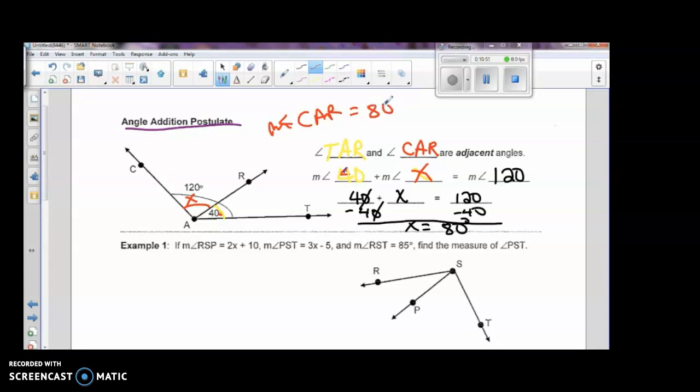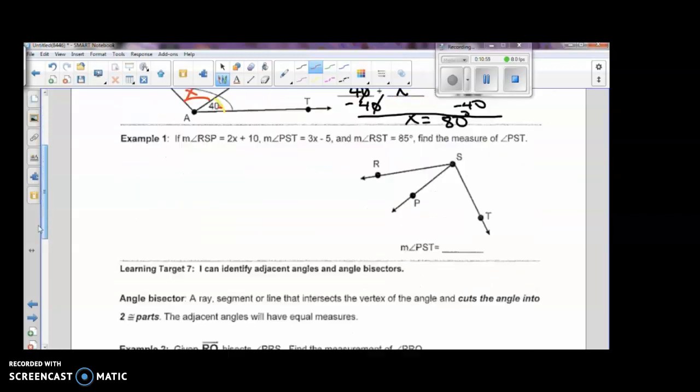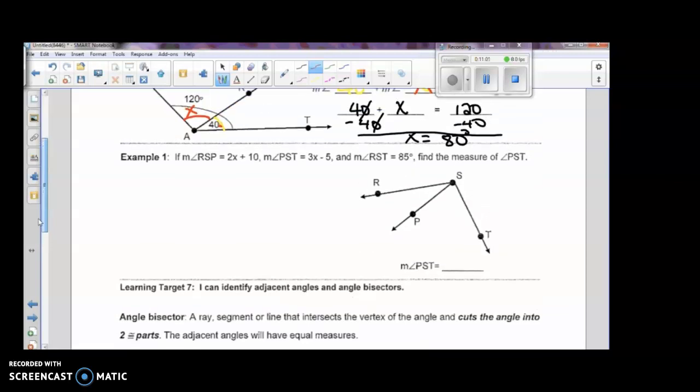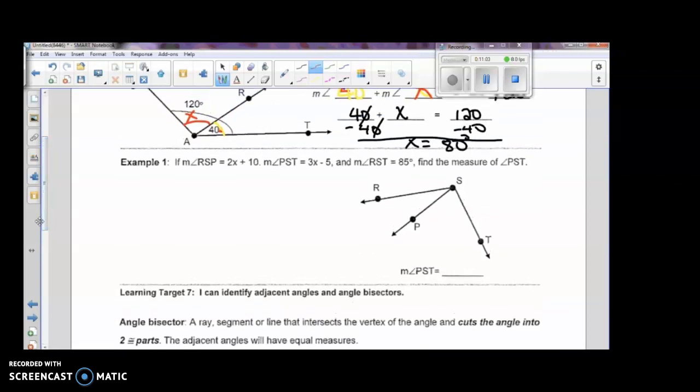Sounds good. Okay, so we have measure of angle CAR equals 80 degrees. Feels good. All right, let's try an example. So why don't you pause the video and try this yourself, and once you come back, then we will walk through the steps together.